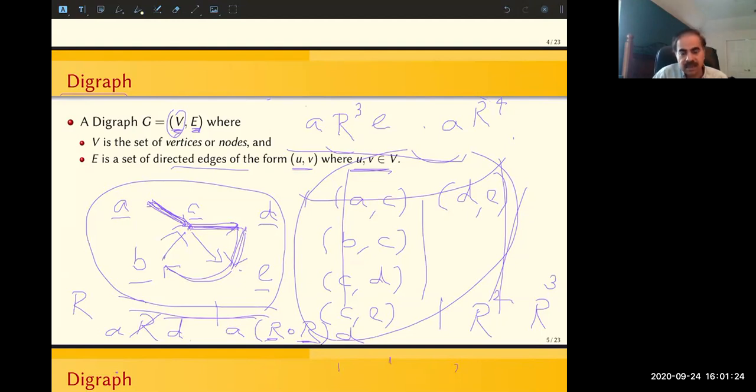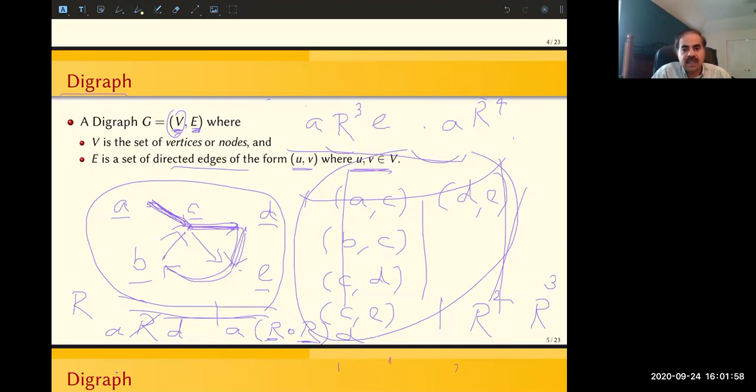ACDE, is it a path or not? Okay, ACDE is a path because no vertex is repeated in this path. Of course, every path is a walk, so we don't have to ever ask the question, is this path a walk? Now, what about ACDEC?